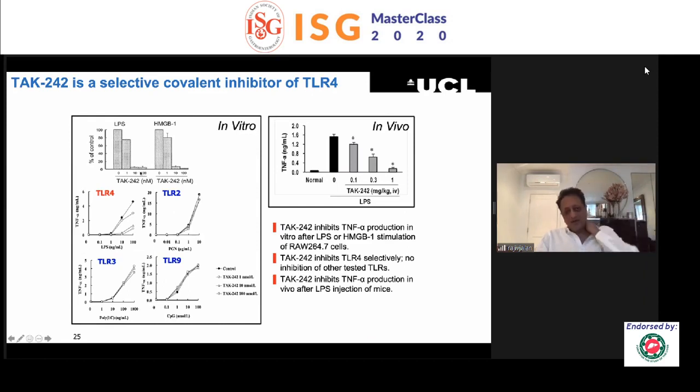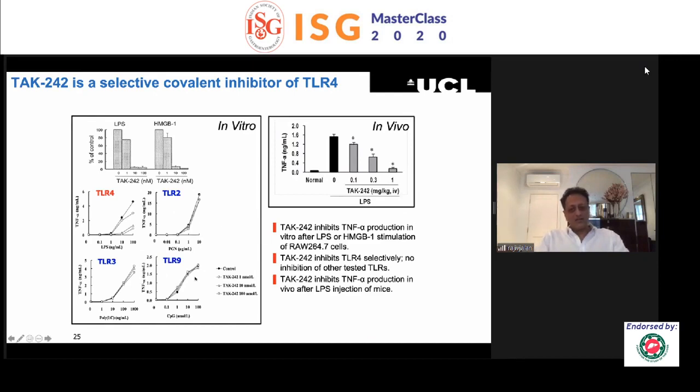If you treat with increasing concentrations of TAK-242 a monocyte cell line incubated with LPS, there's no production of TNF. And this is an in vivo situation where you administer these animals TAK-242. After giving them LPS, the TNF production is progressively reduced. So it's a fantastic drug which can inhibit TLR4 selectively.